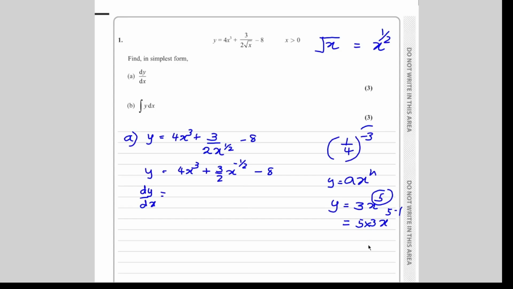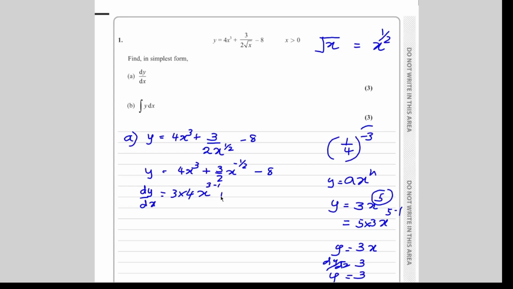If you are just having 3x, dy by dx is just 3. If you are just having a single number, it is 0. Right, in this case, I've got to start with the number 3 into 4x, and I need to take away one from the power, so 3 minus 1.